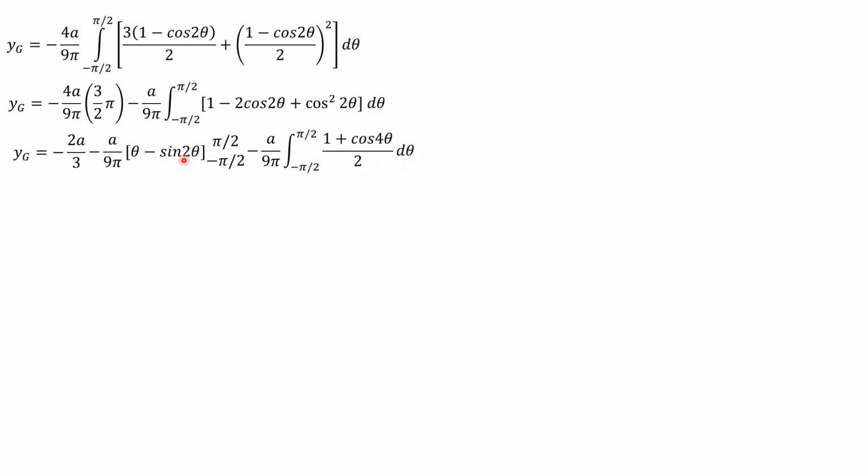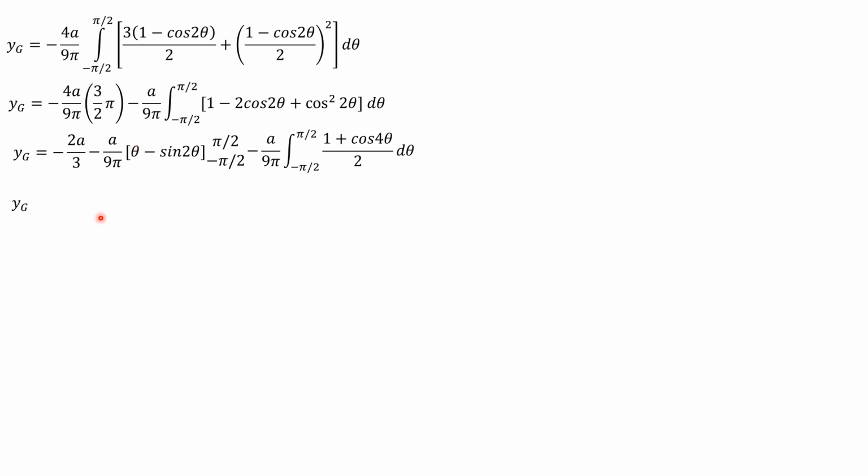So again, by experience, sine of 2 times pi over 2 is sine of pi, which is 0, minus sine of 2 times negative pi over 2, sine of negative pi is also 0, so that's 0. We just replace this by pi, again by experience.